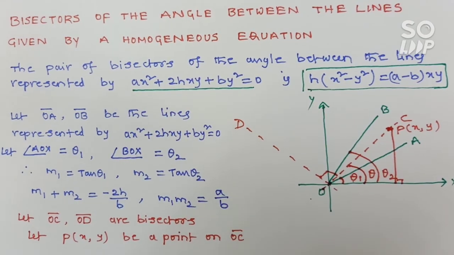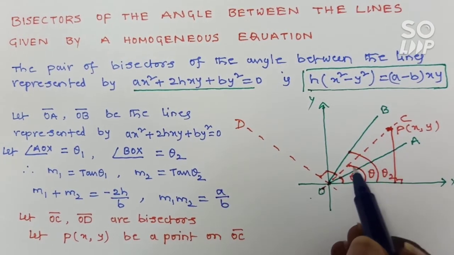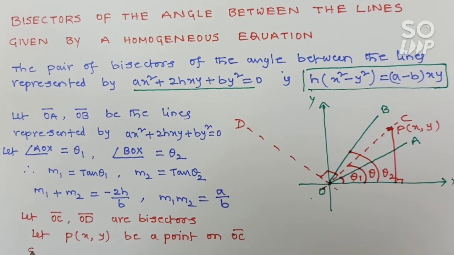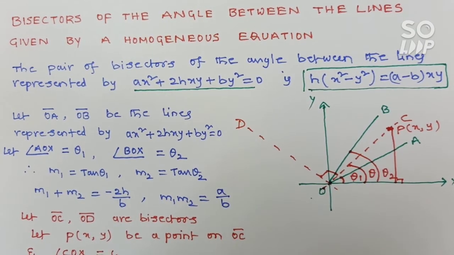Okay, and what is the inclination of the line OC? Theta. And angle COX is equal to theta.